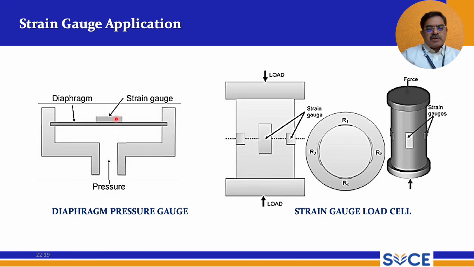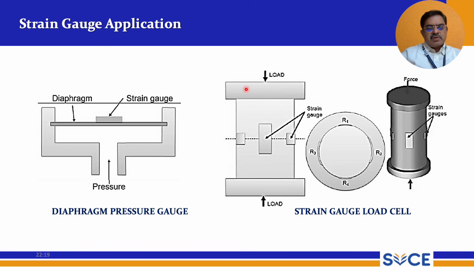And this is the load cell. In a load cell, we are going to have a minimum number of strain gauges, 4 strain gauges. So 4 strain gauges are mounted on the circumference of any platform. When the load is applied, the strain also changes in the strain gauge, and that is measured using Wheatstone bridge or any other resistance change measuring technique.